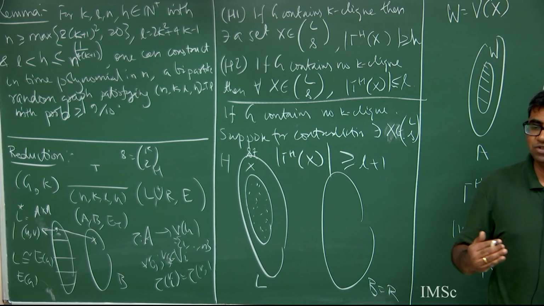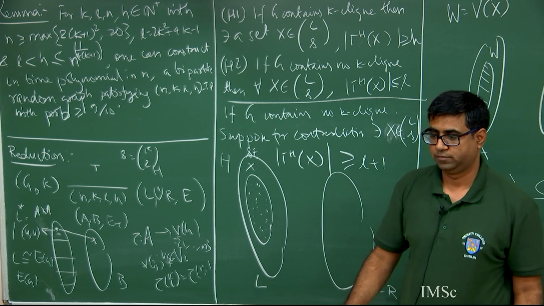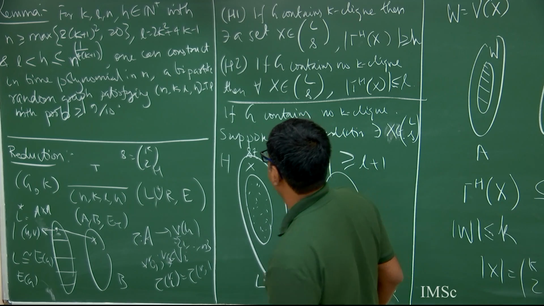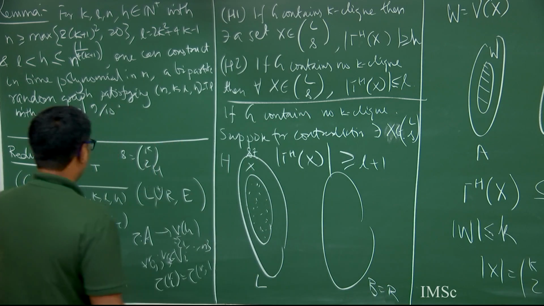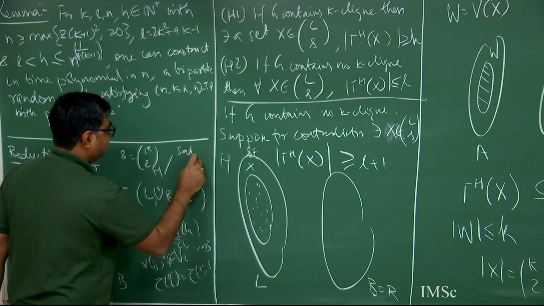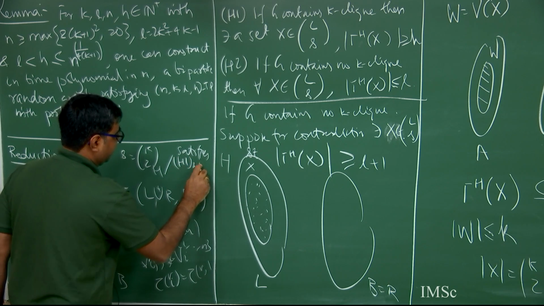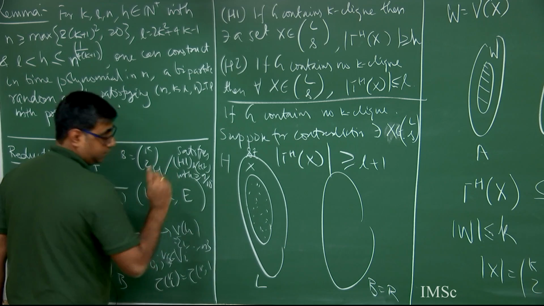I do not lose any property in this construction once I am given T. So all I will say is that this H satisfies H1 and H2 with probability at least 9 over 10.